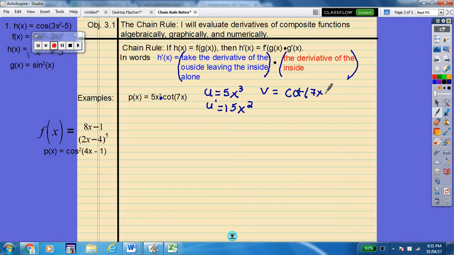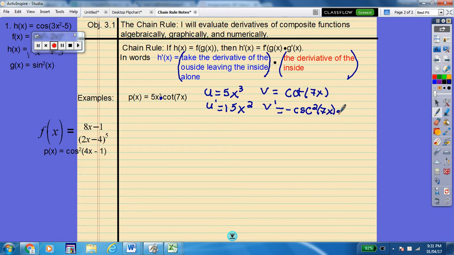And this is where the chain rule is going to appear, because in order to take the derivative of v, cotangent 7x, I'm going to have to use chain rule because I have a function, 7x, inside of another function, cotangent. So the derivative of the outside is going to be negative, since it starts with a c, so it's negative cosecant squared of, leaving the inside alone, 7x.